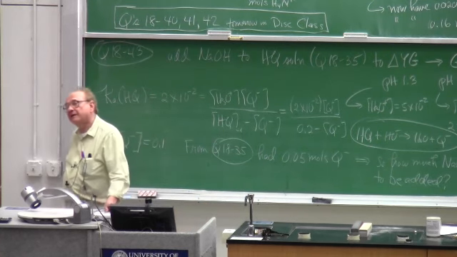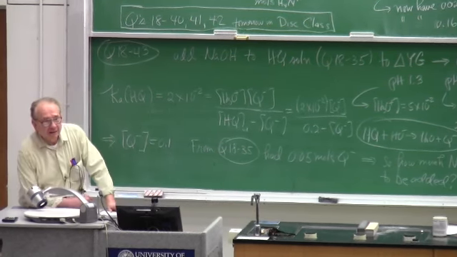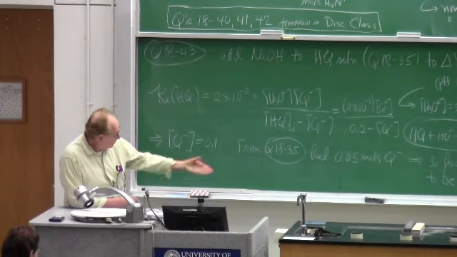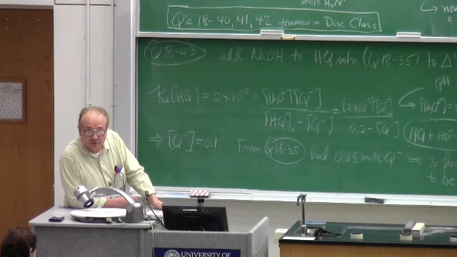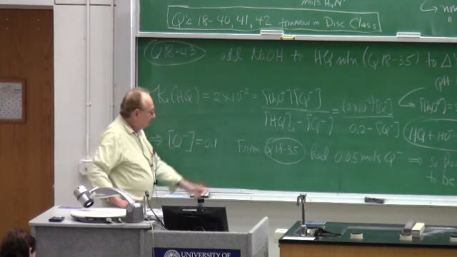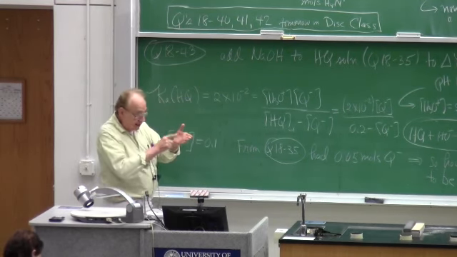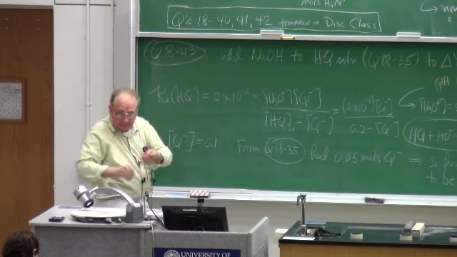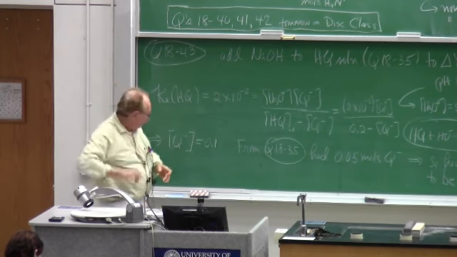So how much hydroxide ion did I have to add? 0.05, right? I had to make another 0.05 moles of Q minus. 0.05 plus 0.05. Calculate, scratch paper, erase, figure. Ha!